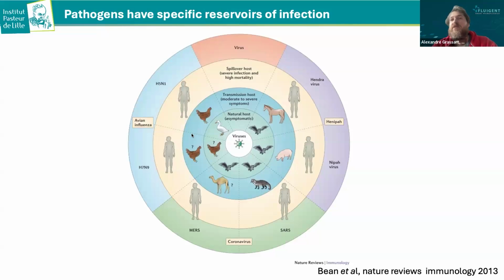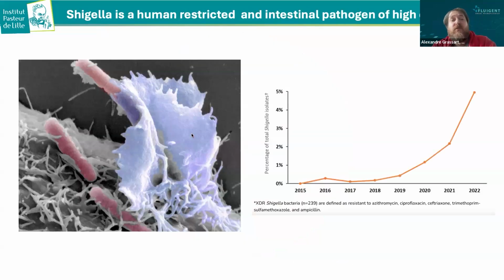As you know, for example, SARS-CoV-2 was initially restricted to bats, and after transferred to other models. So that's one of the key issues when you want to study viral infection, because they can only infect certain models. That's the case actually for one bacteria that we are very interested in, a bacteria of high concern.